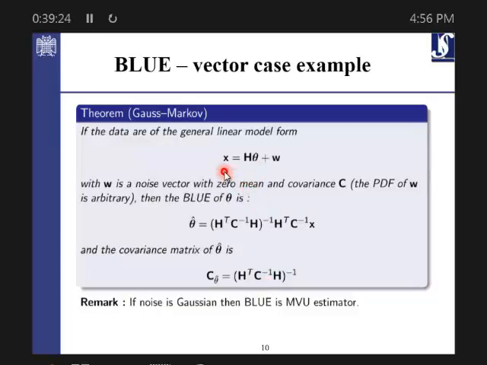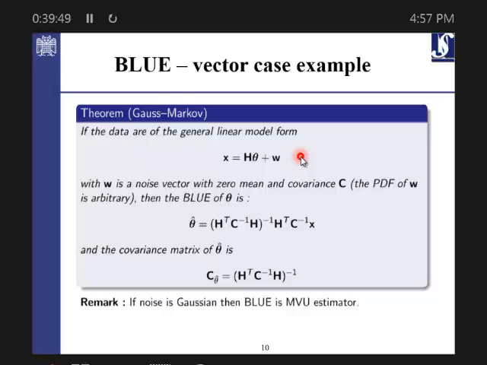For example, in the vector case, you have X as a vector, H as the linear model, times theta, the unknown variable we are looking for, plus the noise, which is Gaussian. This can be a general model that, for example, applies in the case of multiple sensors, because multiple sensors means a vector of signals.